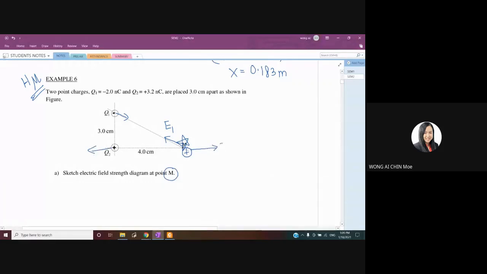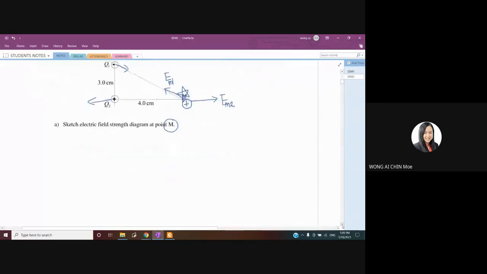So we will write E2, or you can write EM1 or EM2 also. So we sketch at A: this is our EM2 and here is our EM1. You must find the angle here.